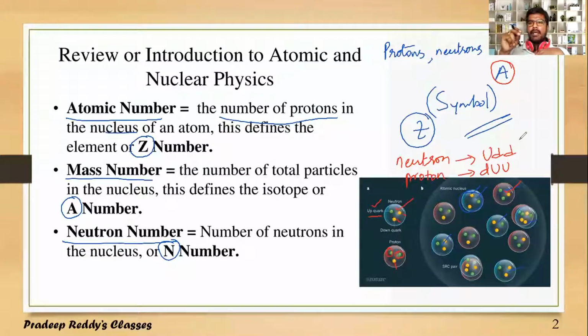We consider them as the fundamental particles of the nucleus. A proton is said to be a nucleon, and a neutron is also called a nucleon. A nucleon is just a constituent of the nucleus. That is how you can classify nuclei based on their atomic number, mass number, and neutron number.